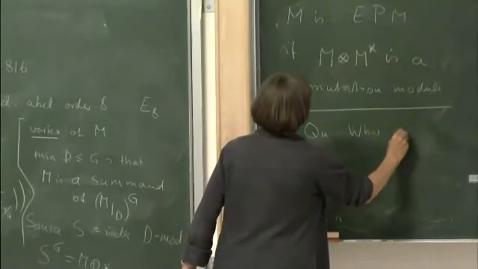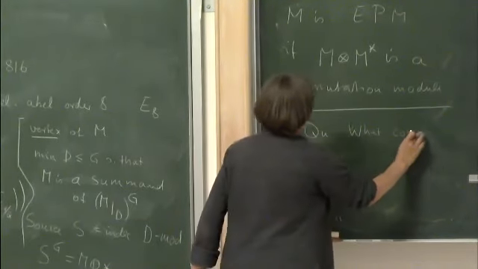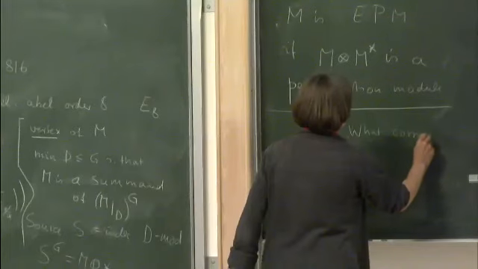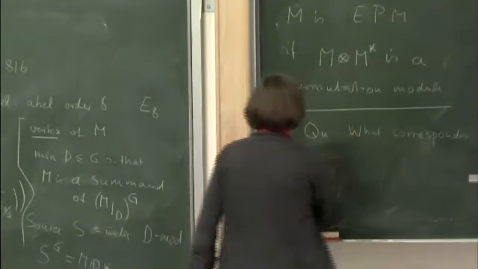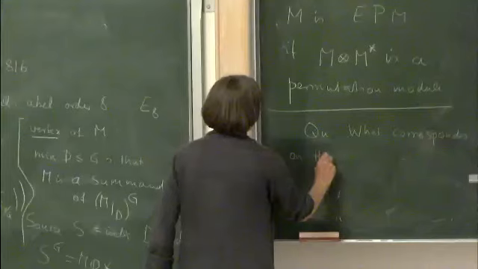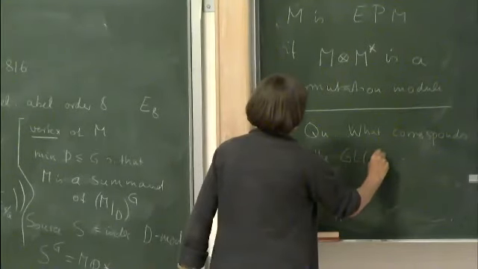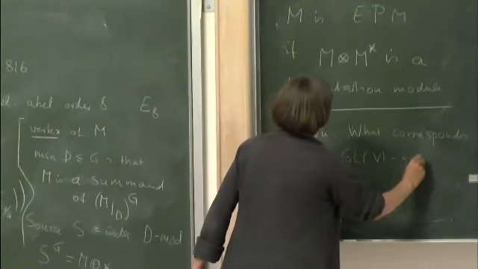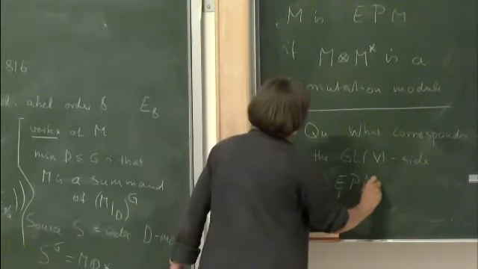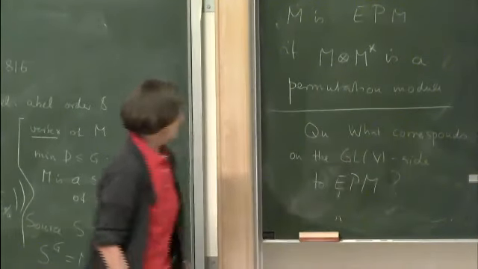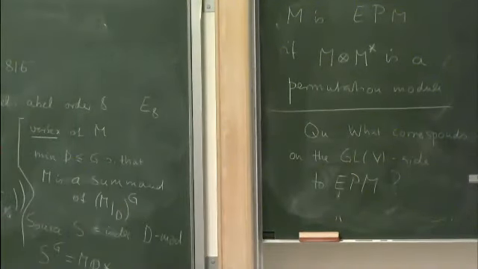What corresponds on the GL side to these endopermutation modules? I think this is actually a rather interesting question, and I think there are new modules, and I don't know what they are.